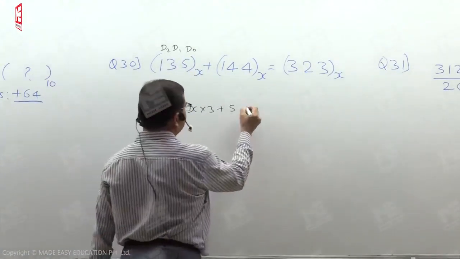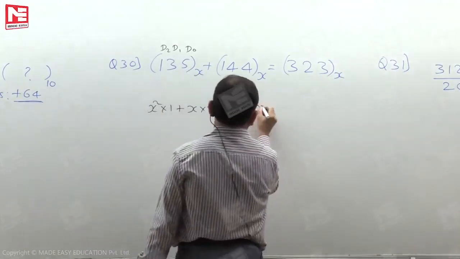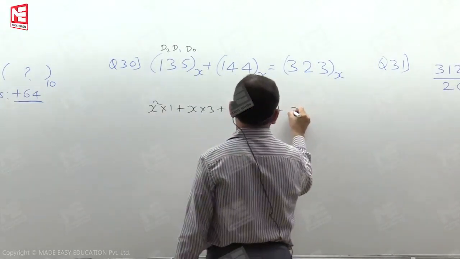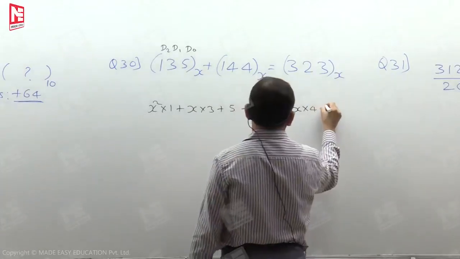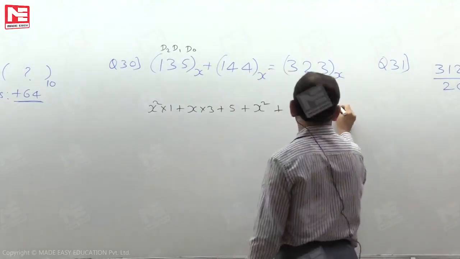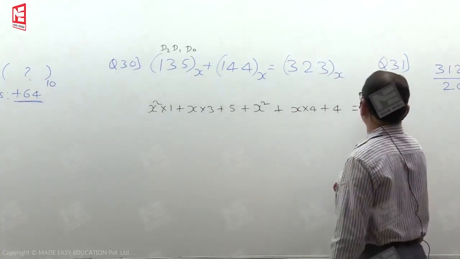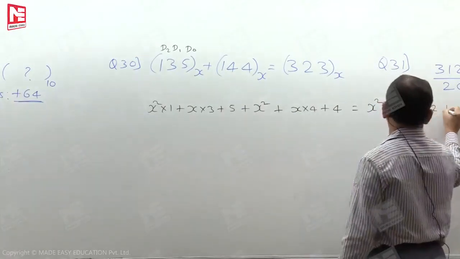Similar work extends for the other two numbers. So x square plus, I can write 4x directly, but for clarity I am putting x into 4 plus 4. Right side we have x square into 3, x into 2, plus 3.